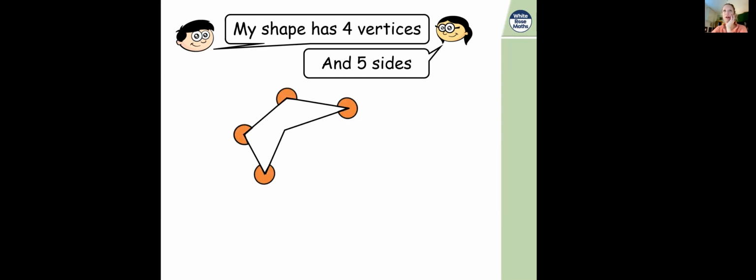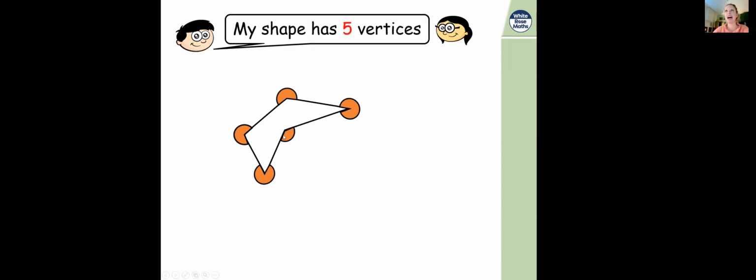Oh, hang on a minute, Dexter. You've missed one out. I can see there's 1, 2, 3, 4, but can you see, children? Look, there's another vertex there as well. Let's change his answer round. That's better. The shape has 5 vertices, doesn't it, everybody? And it has 5 sides.